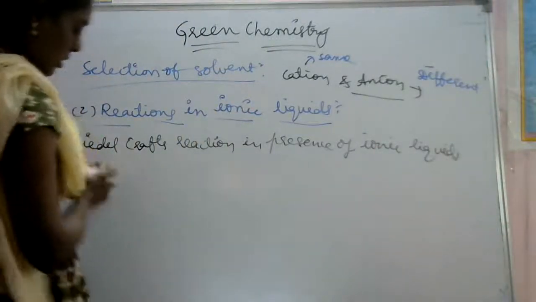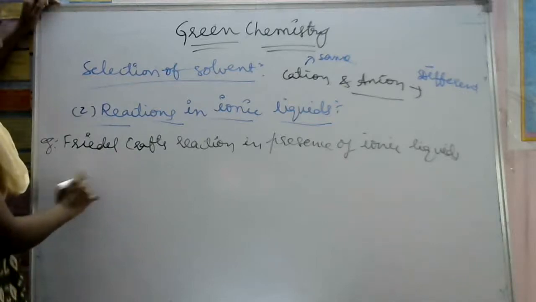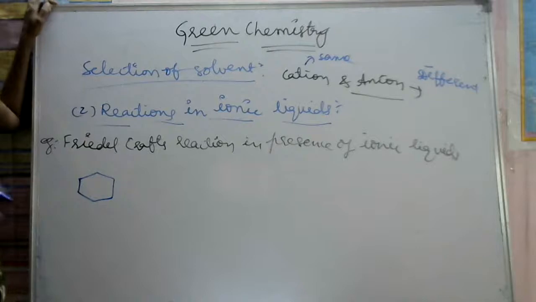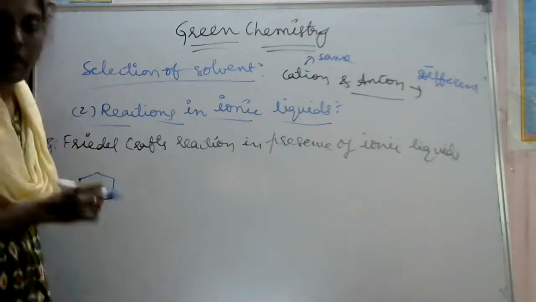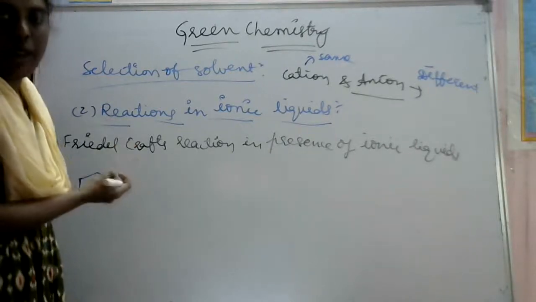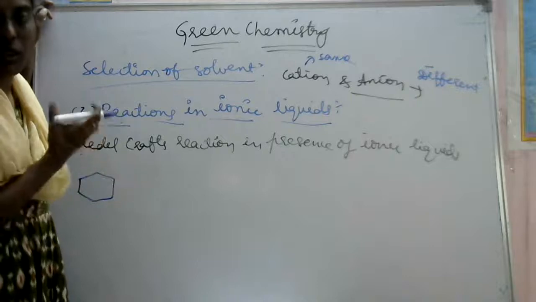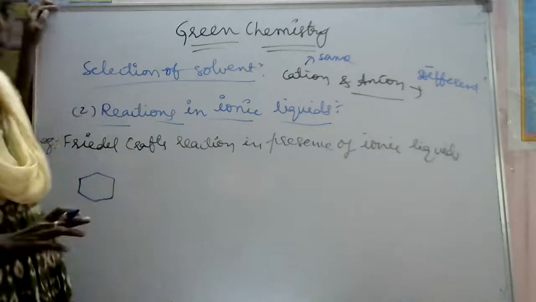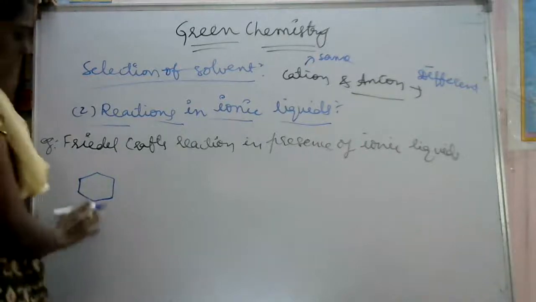Let's see the reaction. We have to do Friedel-Crafts alkylation and acylation reactions. We take the aromatic compound with acyl chloride or alkyl chloride, so we are just adding an alkyl group or acyl group.